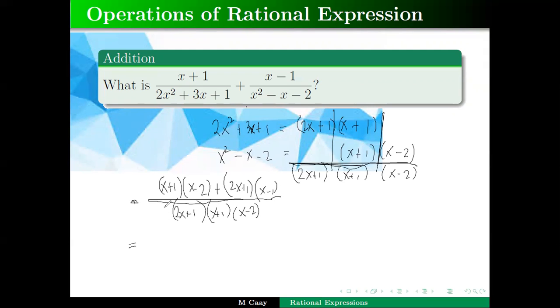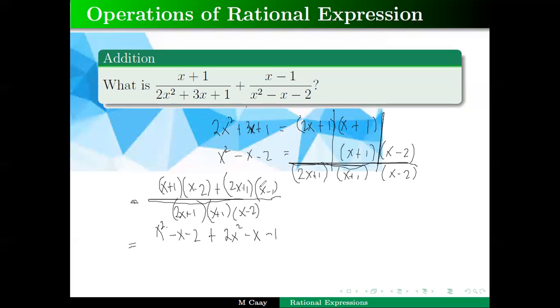So I can therefore simplify the expression above. This is x squared minus x minus 2, right? So x plus 1 times x minus 2. And this is actually 2x squared minus x minus 1, right?